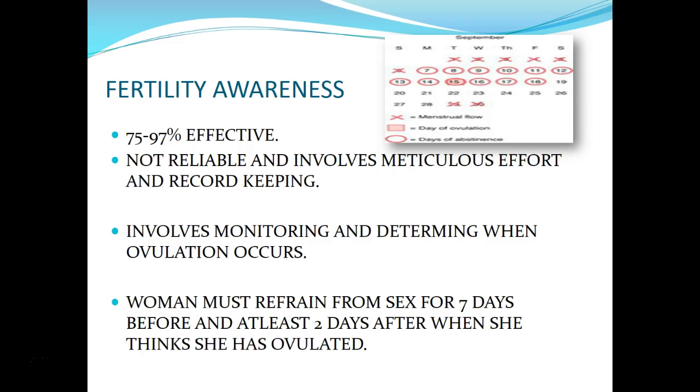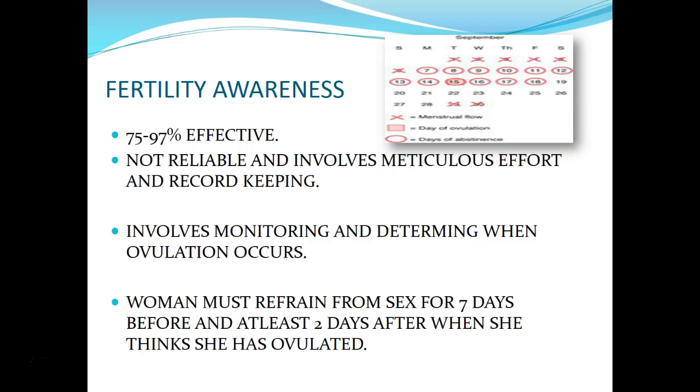Basal body temperature is one way that women can determine when they're fertile. What they have to do is take their temperature at the same time every day, preferably in the morning prior to ever getting out of bed, and they log that temperature. A woman's temperature will rise after they ovulate due to progesterone increases in the second half of their cycle.